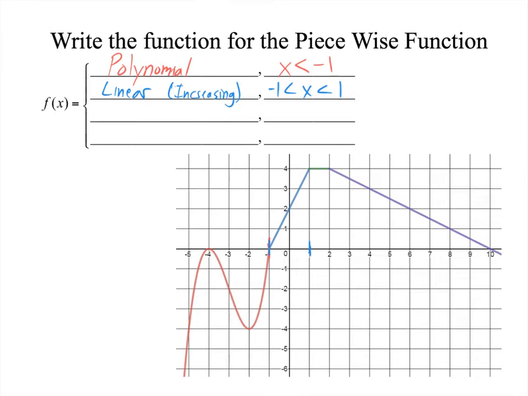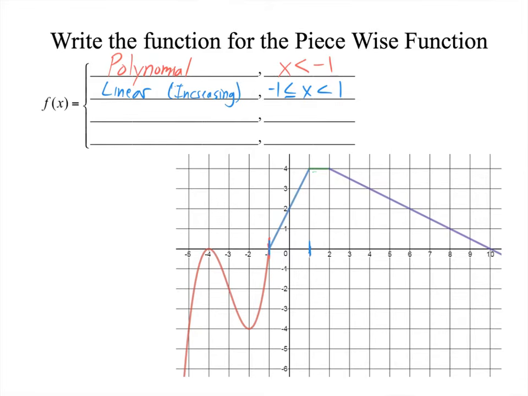Don't worry too much about it, but I'm going to put an or equal to here. The reason is since that's -1 and that's -1, one of these two graphs has to claim -1. That's not a big idea right now. Just realize this one's less than -1, this is from -1 to 1, and I did claim this one. There's a reason, not a big part of what we're trying to get at right now, so don't let it distract you.